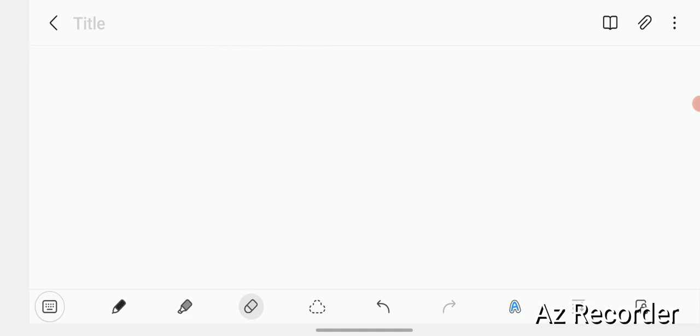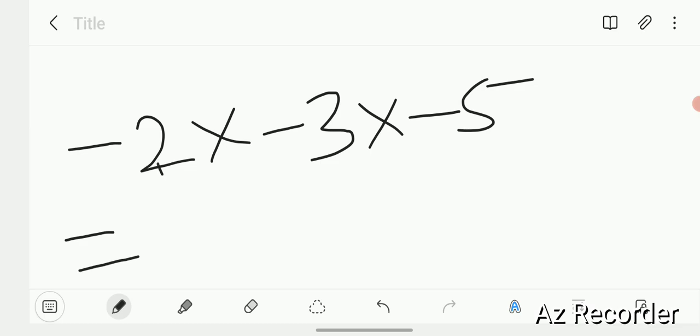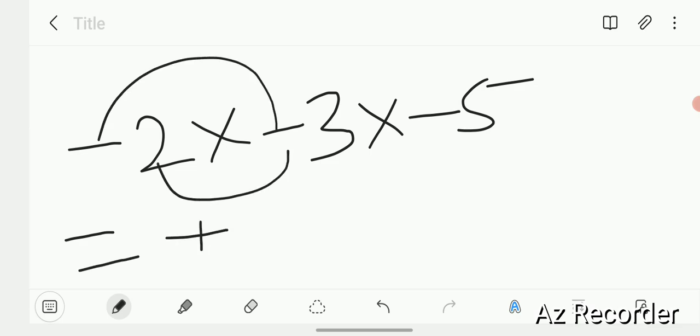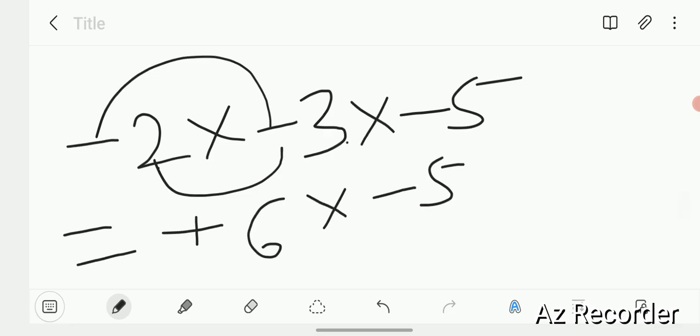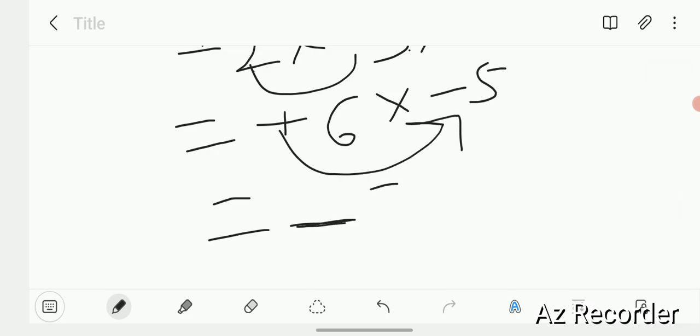Now, this minus 2 into minus 3 into minus 5. How will you solve this? Okay, first I will take these two numbers, minus into minus, plus 2 3s are 6. I will write this minus 5 as it is. Then plus into minus, minus 6 5s are 30.